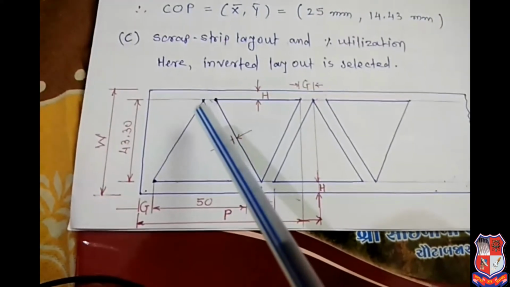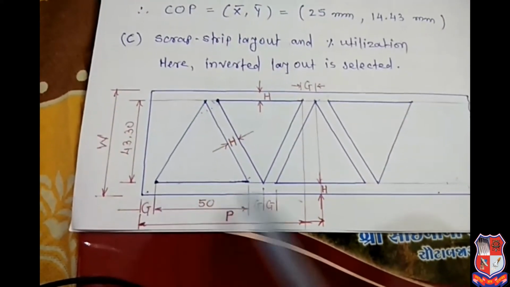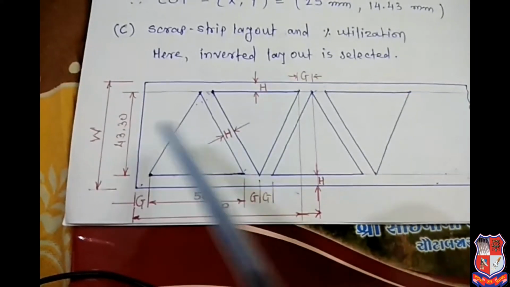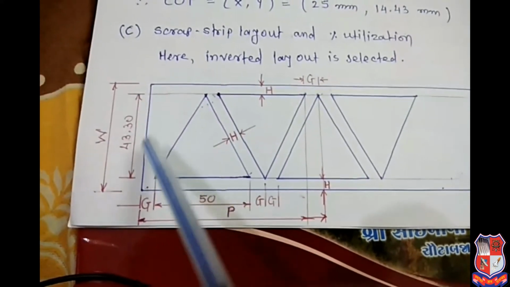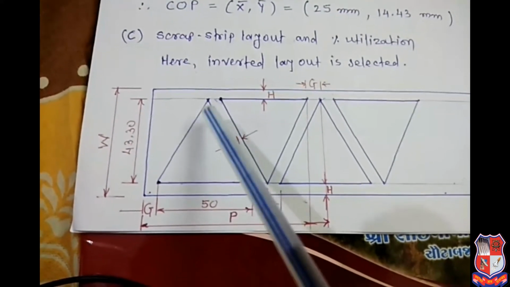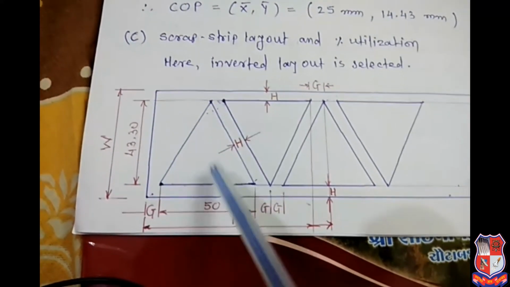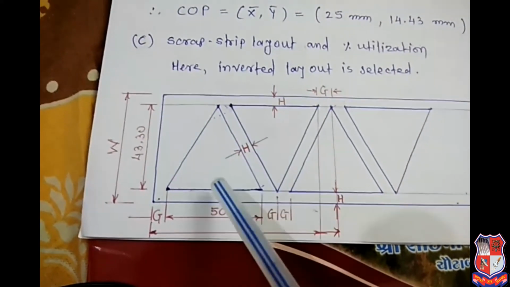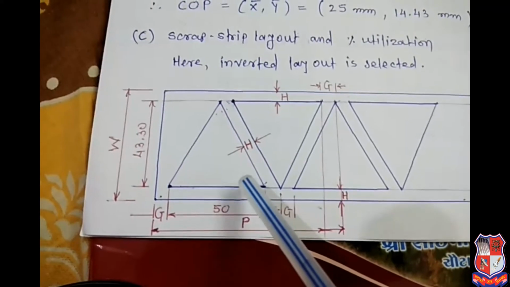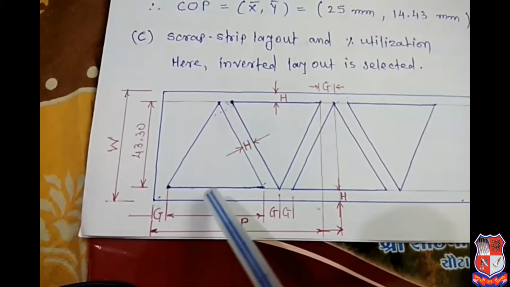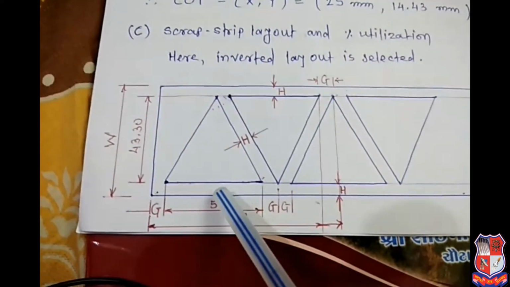So now how can we find the width of the required sheet and the length from which we need to cut this specimen? First of all, we need to find this W. For that, we have this value of triangle AD. AD is the vertical dimension, that is 43.30, and here we have some margin at the top and bottom side.